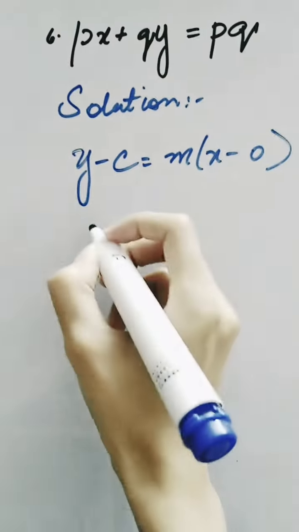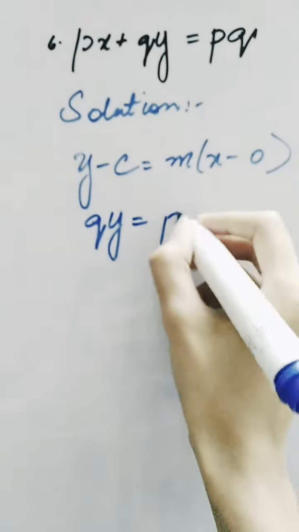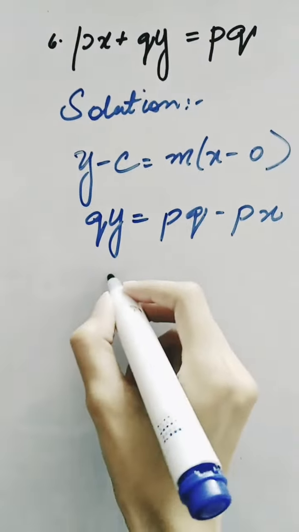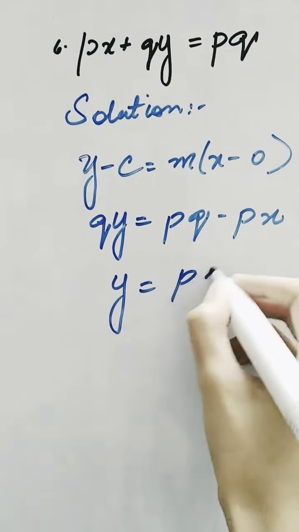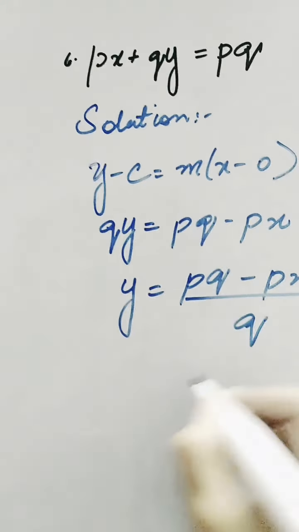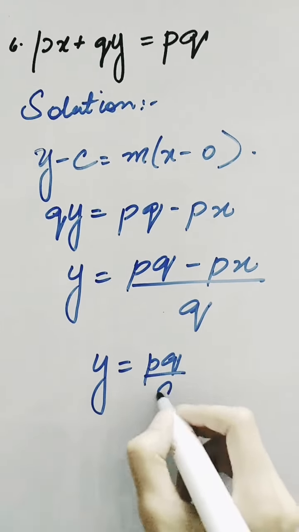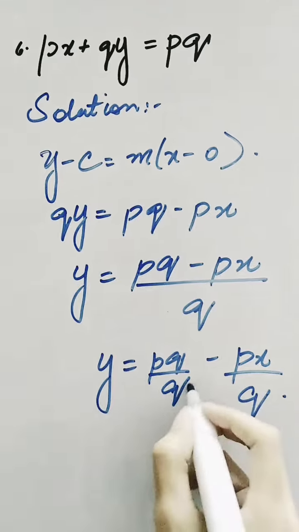Here we have another question which involves variables. First we arrange this equation, and it becomes qy equals pq minus px. Here we also take q to the other side, so it becomes (pq minus px) over q, which can be written as pq over q minus px over q.